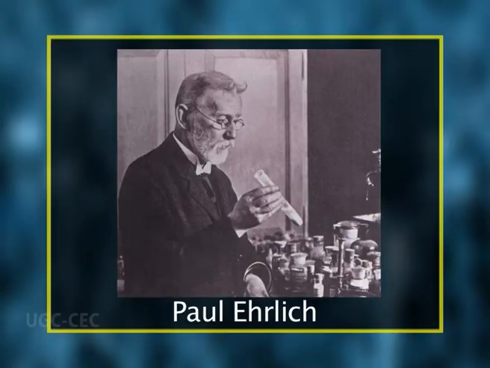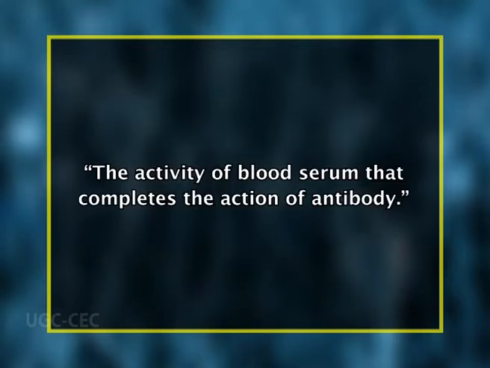The discovery of the complement is usually attributed to Bordet. Paul Ehrlich in Berlin independently carried out similar experiments and coined the term complement, defining it as the activity of the blood serum that completes the action of the antibody.